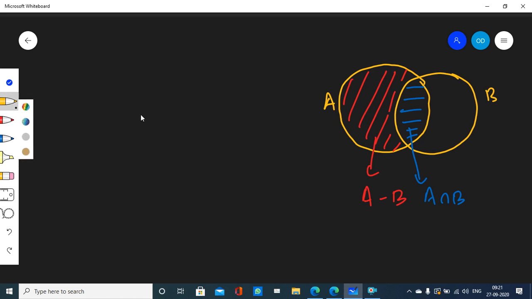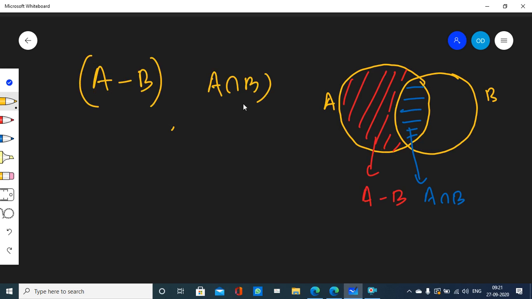You see for yourself, if I take all the elements of A minus B and all the elements of A intersection B, take their union and form a new set, what set will it be? Won't it be the entire set A? If I take their union, red union blue is the entire set.